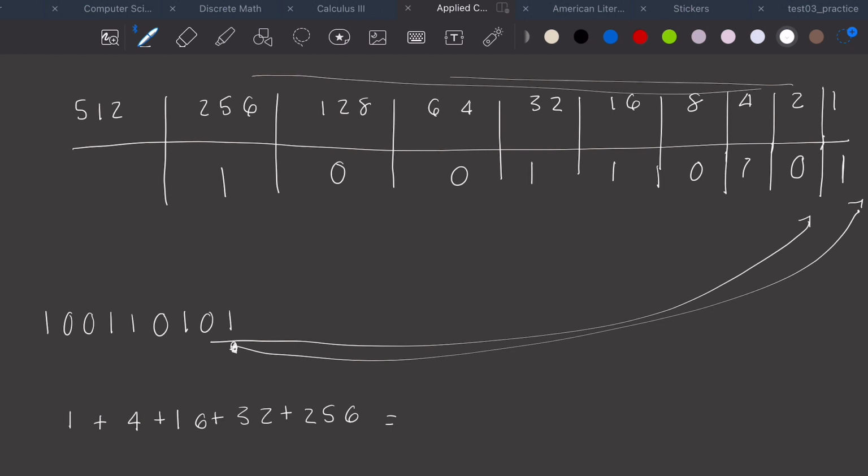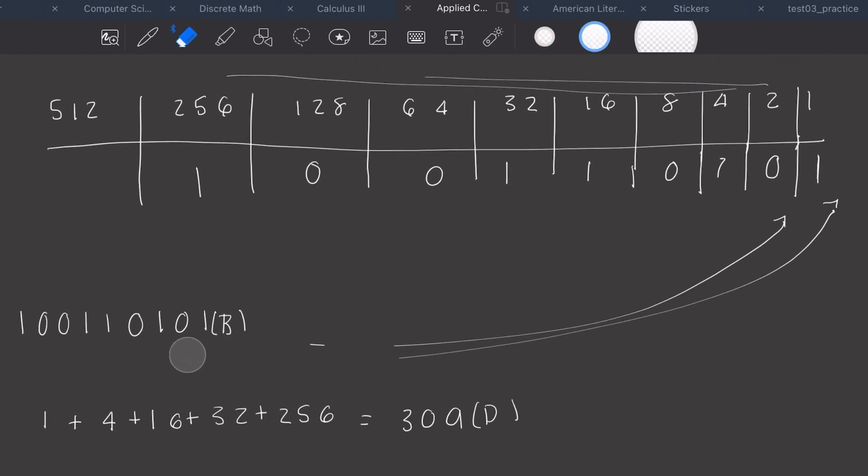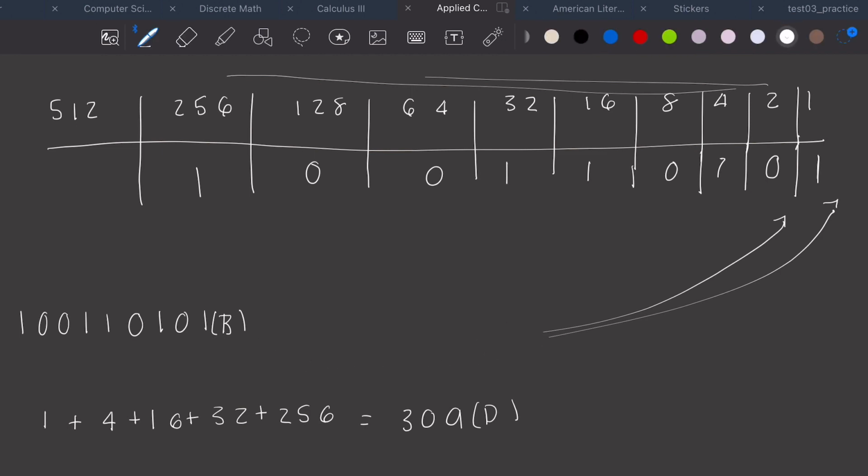I will just plug that into the calculator very quickly, and I will get an answer of 309. And again, this is in binary and this is in decimal. So from this conversion, I have that 1 0 0 1 1 0 1 0 1 in binary is equal to 309 in decimal.